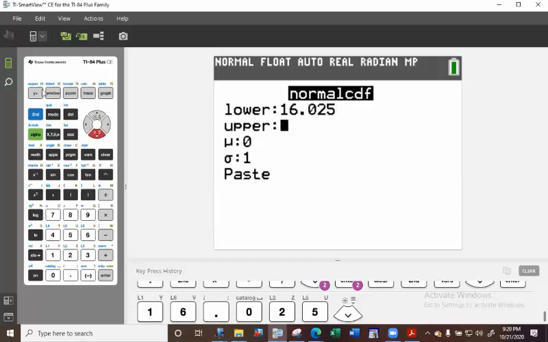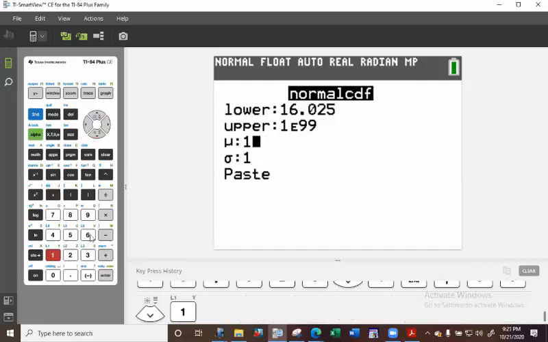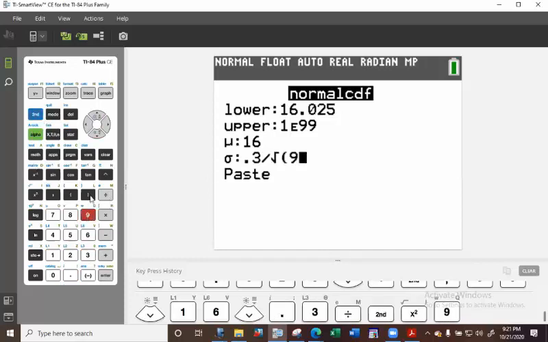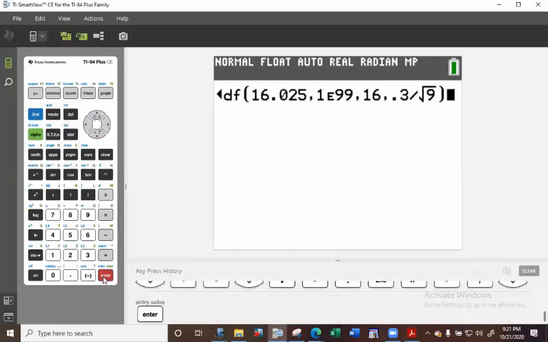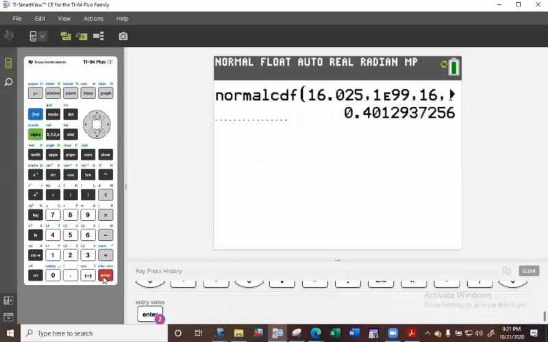So this 1 E 99 will be positive infinity. The mean is 16. And the standard deviation is 0.3 divided by the square root of 9. And let's see what that gives us.